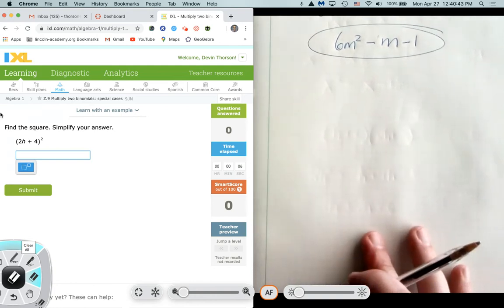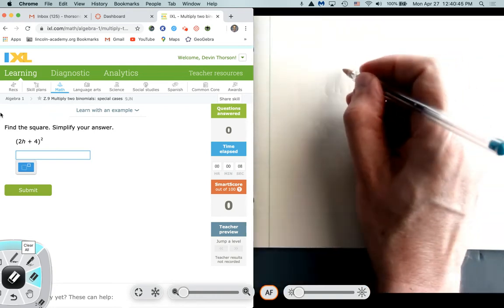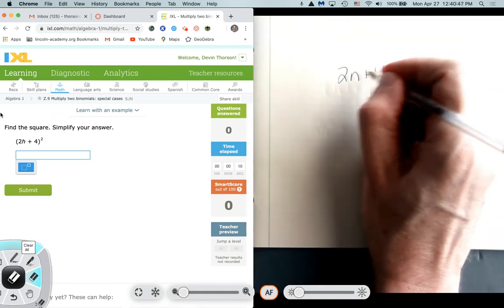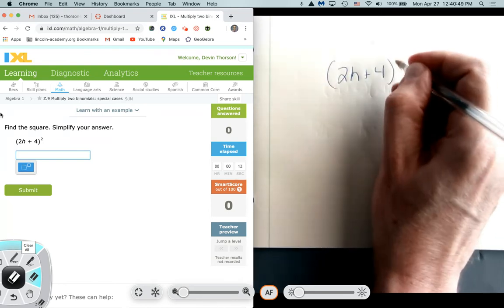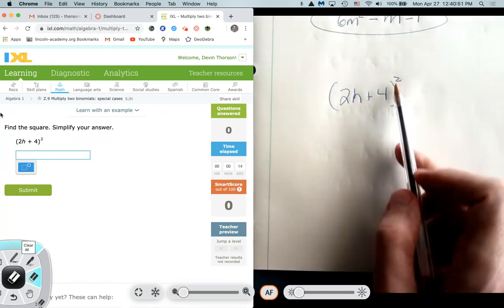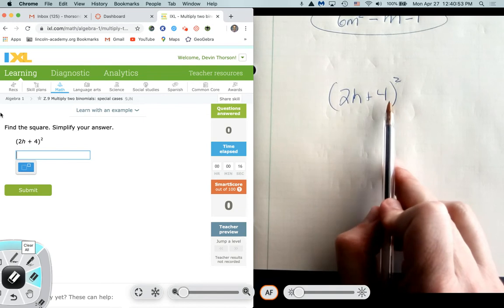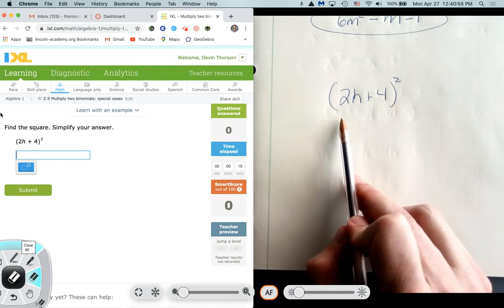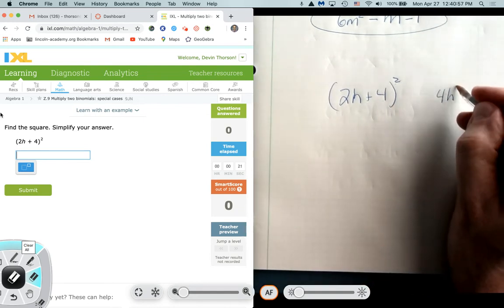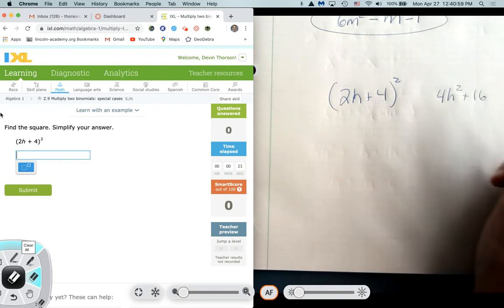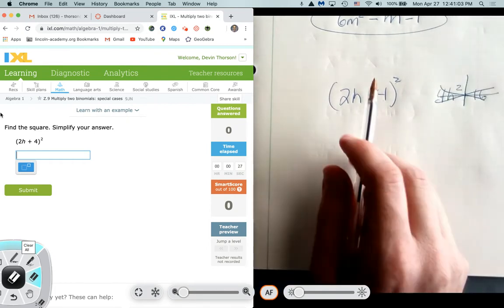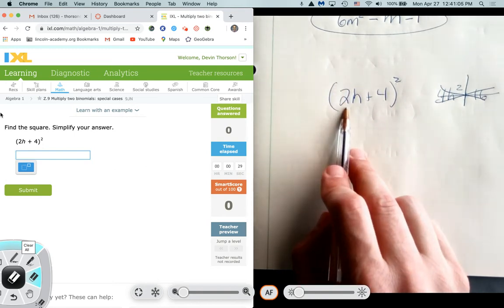Such a common mistake is to take that 2h plus 4 that's being squared and just to square this term and to square this and say, oh, the answer is 4h squared plus 16. That is incorrect. Wrong, wrong, wrong, because you're forgetting to FOIL.